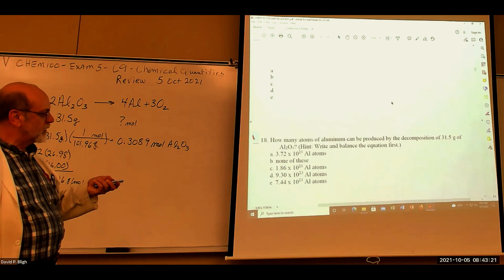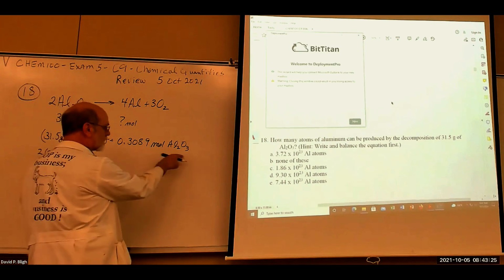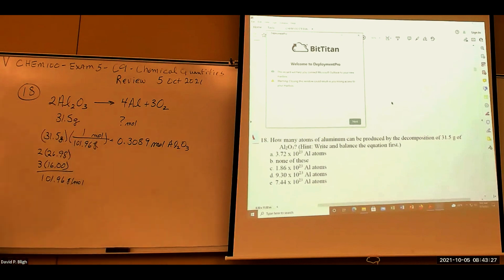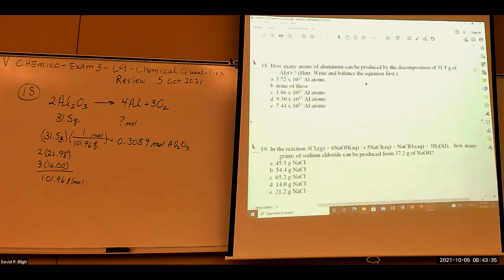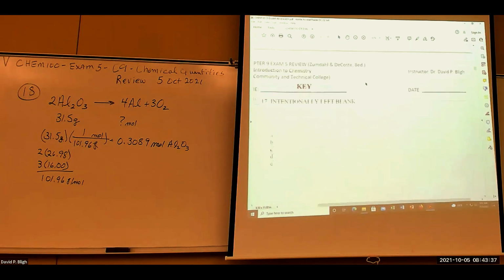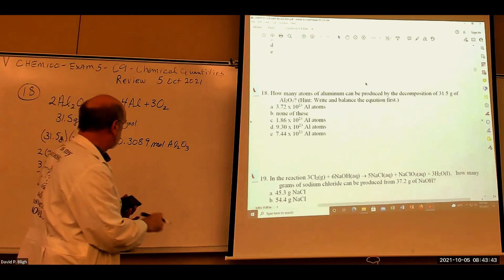Now, how many moles of aluminum are produced? We need a conversion factor. We need a conversion factor for this one.